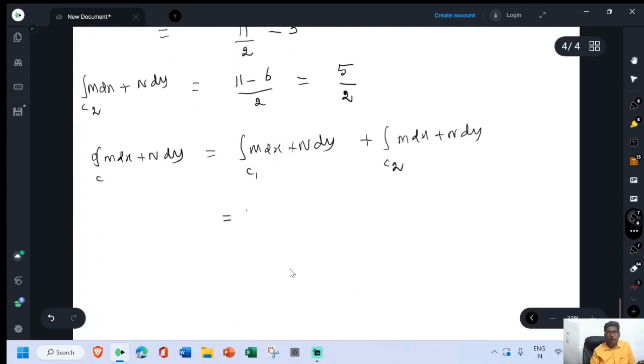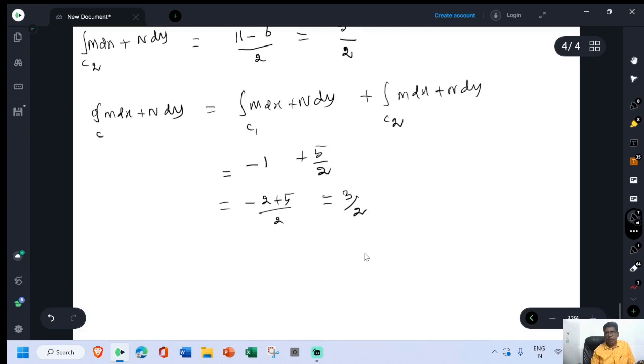This is minus 1. M dx plus N dy over C2 value is 5 by 2. If you sum up these two, it is minus 2 plus 5 whole divided by 2, which is equal to 3 by 2.